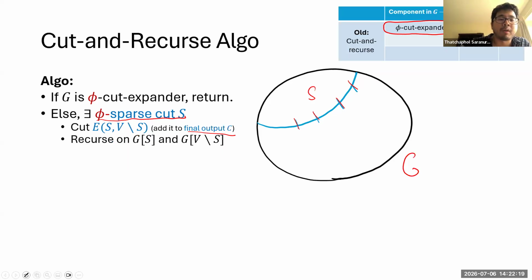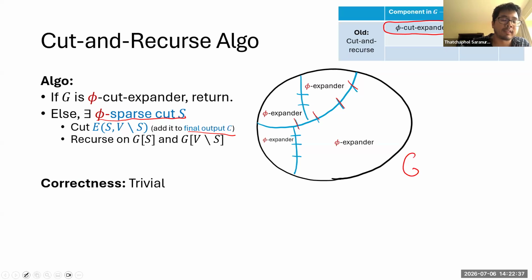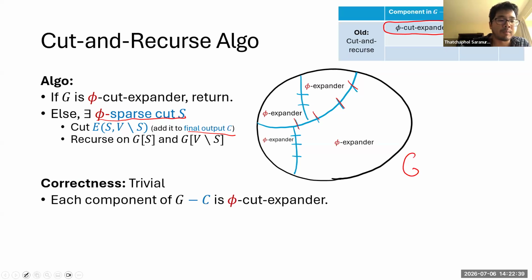You might find more sparse cuts on the S side and on the complement side. You keep continuing until you cannot find any sparse cut anymore. So each component will be a phi expander after you are done, which means the correctness is trivial. You get that each component in G minus C is a phi expander.